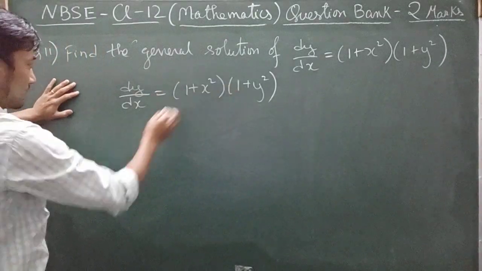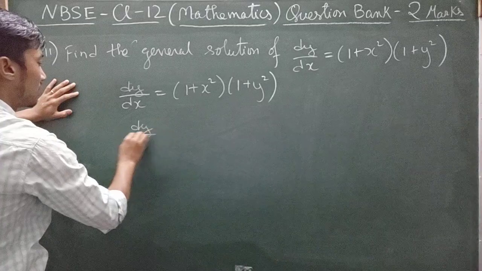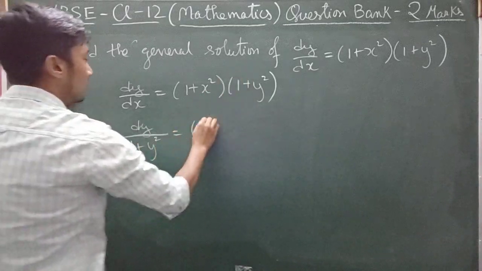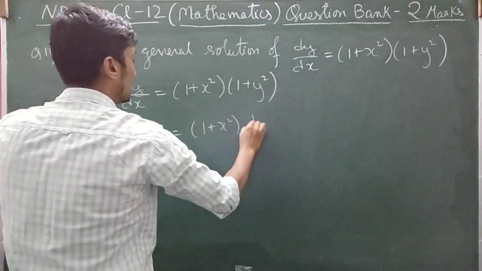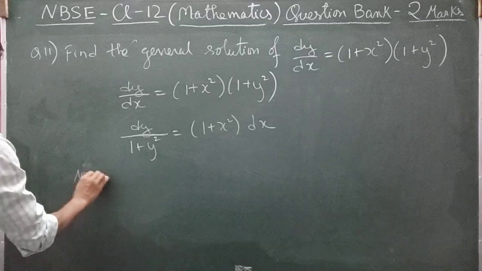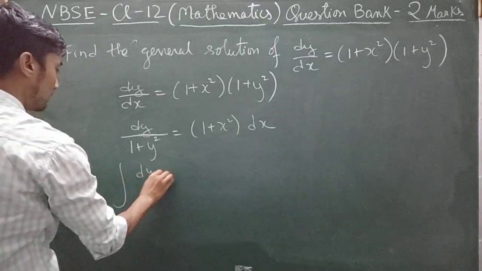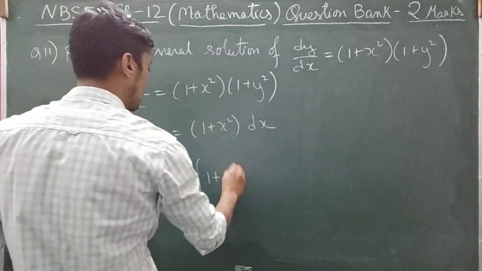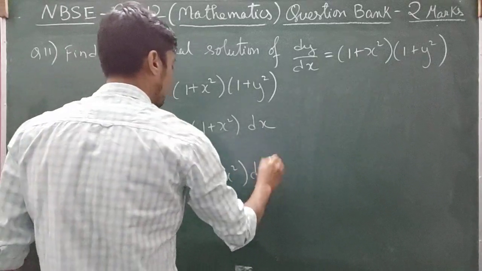So I'll bring the y terms together: dy by 1 plus y square is equal to 1 plus x square dx. And after that, what do we do? Now we will integrate, isn't it? That's what we do. Integral of 1 by 1 plus y squared dy will be integral of 1 plus x squared with respect to x.